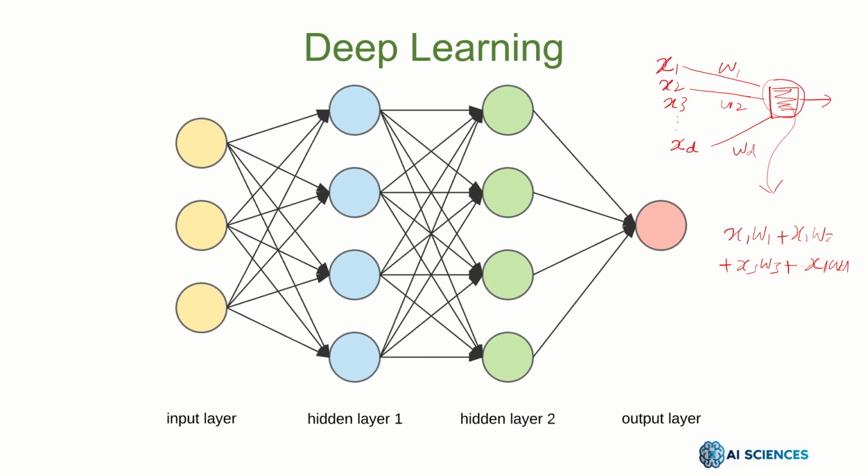Or this activation function may be a different one. That whole unit is called one neuron, also sometimes called one perceptron. And perceptron and neuron, these terms are normally used interchangeably these days.